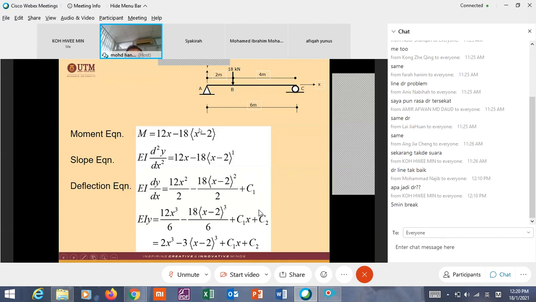Because the second term applies for x greater than 2. That is what this bracket sign means. I repeat, whenever the value of x minus 2 is negative in this bracket, neglect this term.